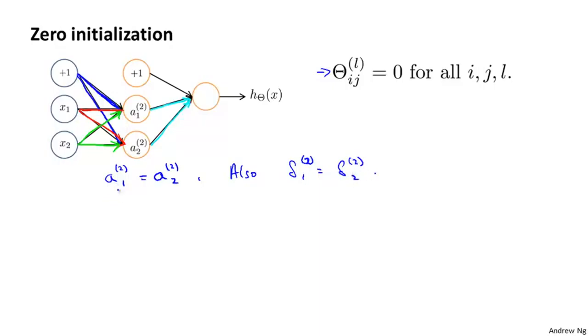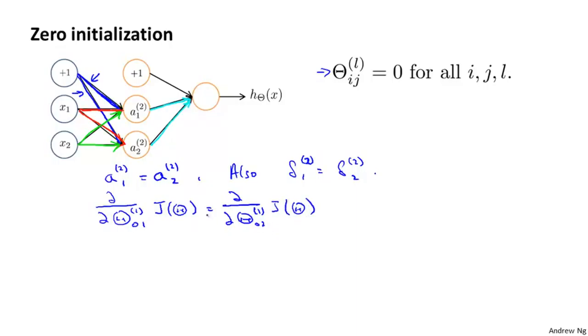And if you work through the math further, what you can show is that the partial derivatives with respect to your parameters will satisfy the following: the partial derivative of the cost function with respect to these two blue weights in your network, you find that these two partial derivatives are going to be equal to each other.